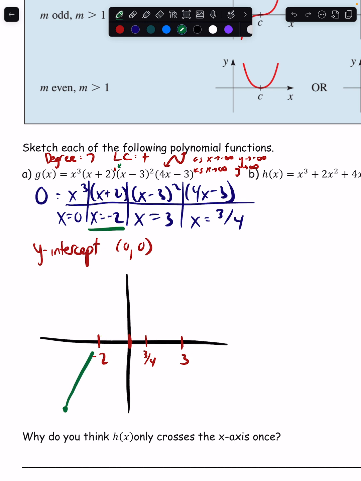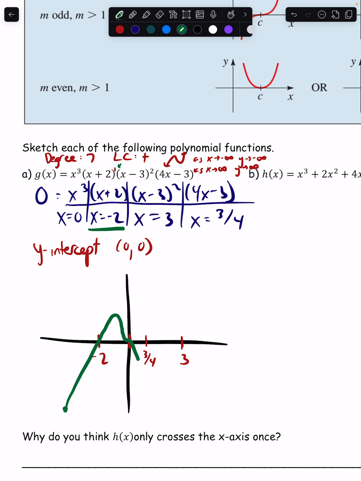you don't have to be super perfect with this, but what's going to happen is it doesn't simply cross. It kind of gets close, and you can see it behaves a little like that. It gets a little flat towards the 0. I'm not super picky on that, but that's just how it would look as the multiplicity goes up.